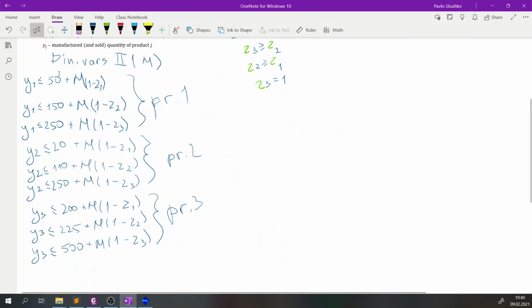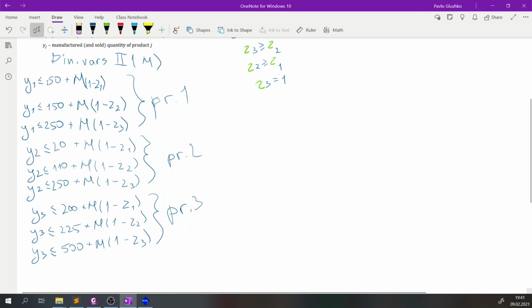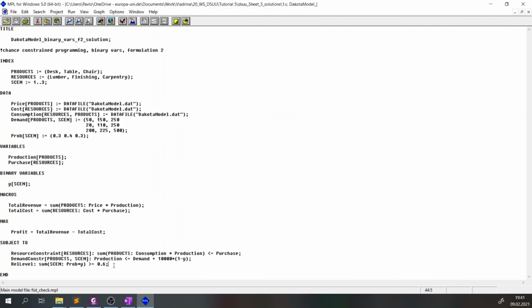So the demand of the scenario plus some big number, which we choose here as 10,000, it suffices, multiplied by 1 minus z. And you can see that here we have only one line in the modeling language to represent all these multiple constraints. And then we have, again, the constraint for the reliability level.